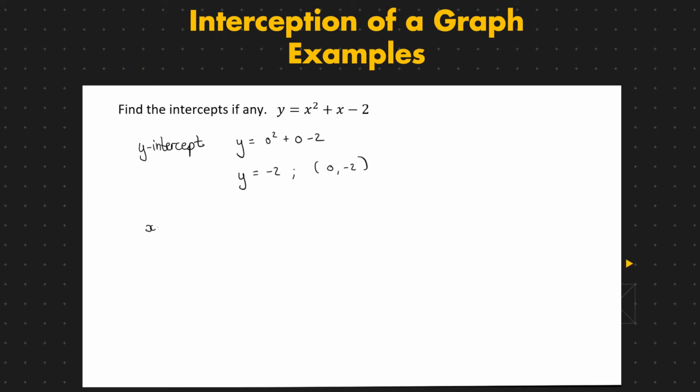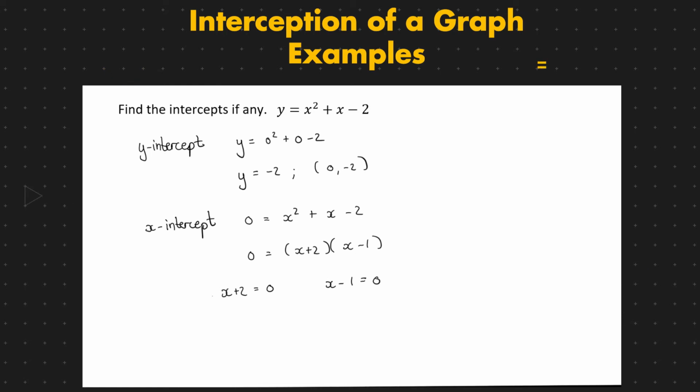And if we look for our x-intercept, we will let y be equal to 0. So we'll have 0 is equal to x squared plus x minus 2. And if we factorize the right side, we will have 0 is equal to (x plus 2)(x minus 1). So now we have x plus 2 is equal to 0 and x minus 1 is equal to 0.